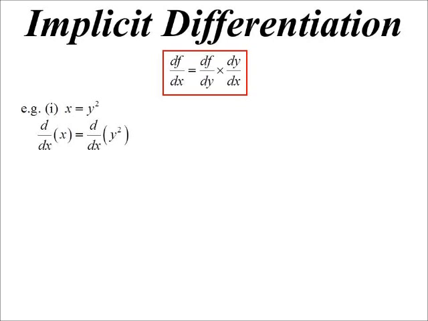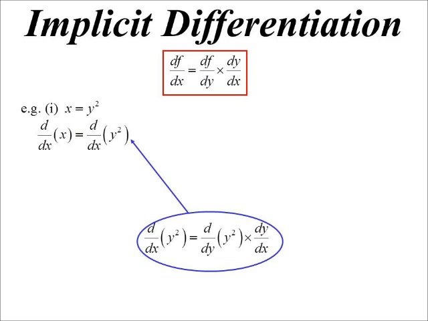And then on the right-hand side, you go and differentiate that. So exactly the same here. We're going to differentiate x with respect to x. I'll get 1. Differentiate y squared with respect to x. Well, I can't do it with respect to x, but I can do it with respect to y. And then if I multiply that by dy/dx, the dy's would cancel, if you like, and I've got it.